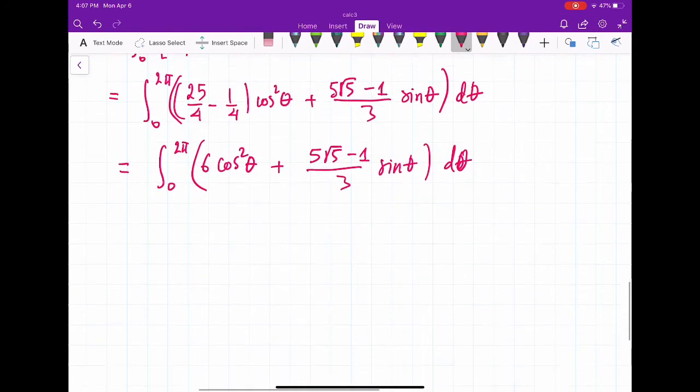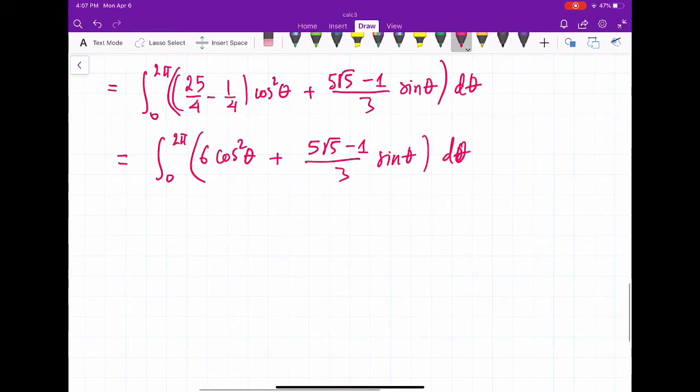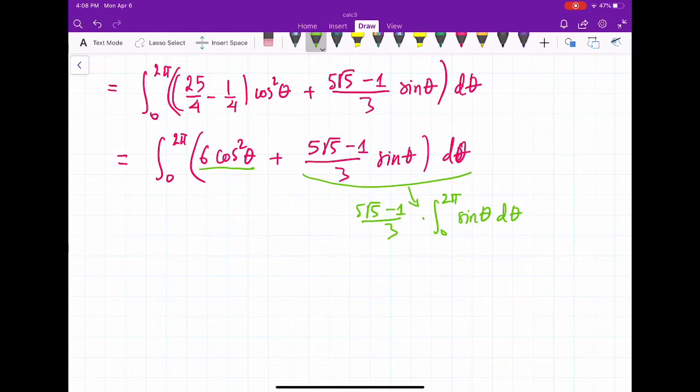So we need to break this integral into two integrals. And we need to use the double angle formula, because here we have cosine squared, right? So let's fix this first. We have the integral from 0 to 2 pi of 5 square root of 5 minus 1 over 3 times sine theta d theta.